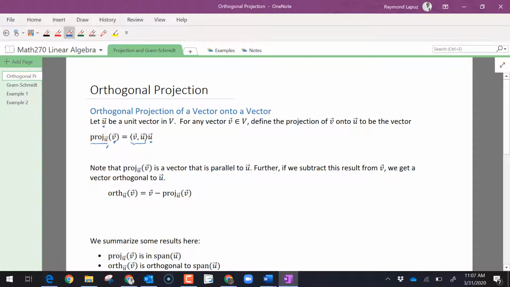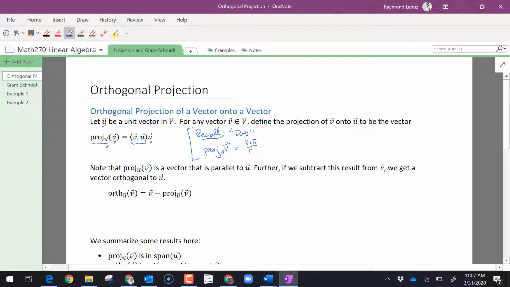And if u was not a unit vector, our formula might look a little bit different. So I want to put a little recall here from your usual dot product definition of the inner product: the projection of v onto u, if u was not necessarily a unit vector, is going to be v dotted with u, and we're projecting onto u.